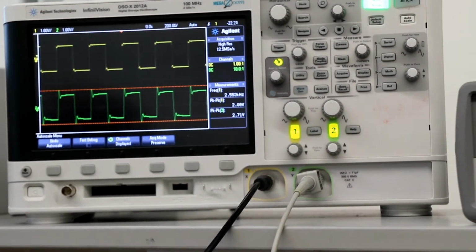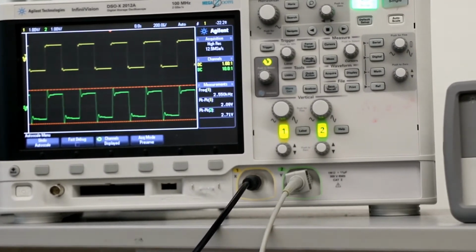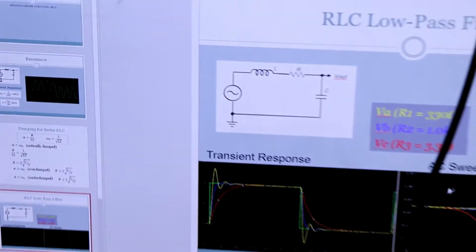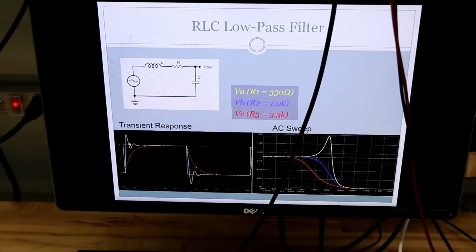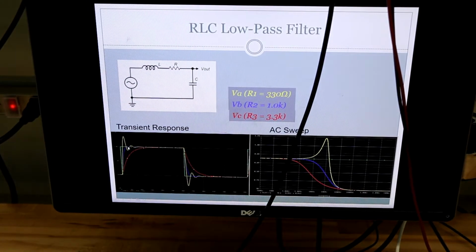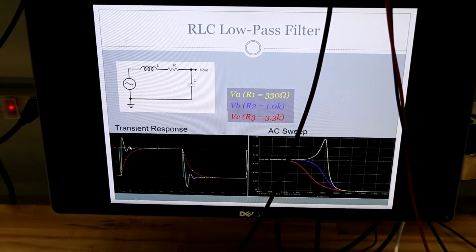For the RLC circuit, here's the transient response you got. The yellow represents the underdamped, and it matches what we got on the oscilloscope.